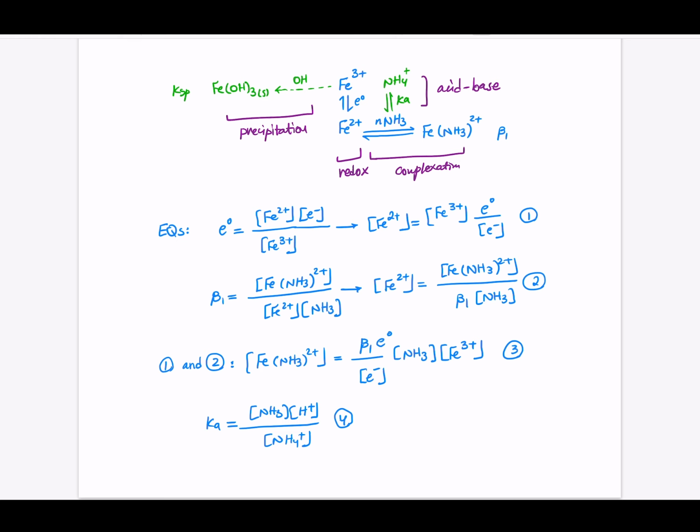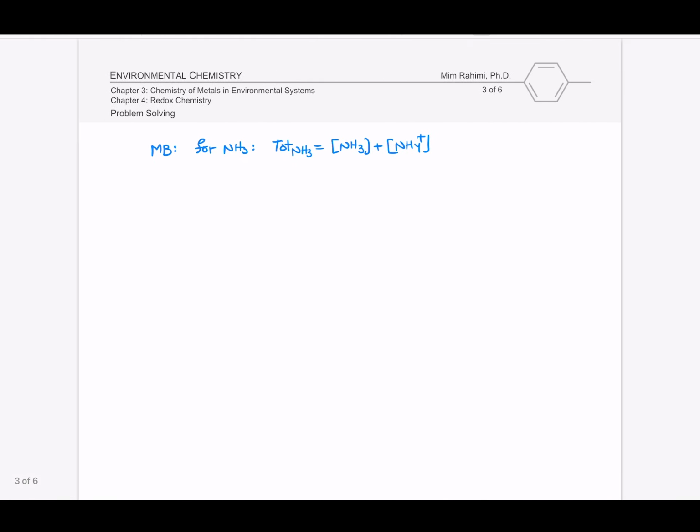So this equation 4 can help us directly find the concentration of ammonia, which later we need to use in the equation for the mass balance of iron. So NH3 would be the total ammonia divided by 1 plus the concentration of proton divided by Ka.